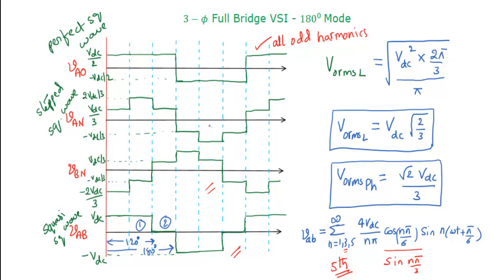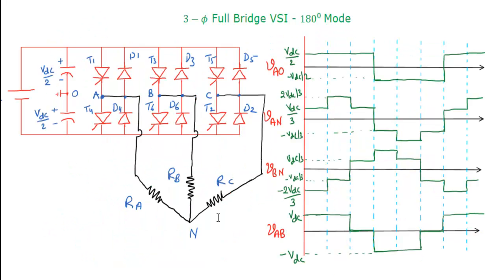So moving on, coming to the final conclusion of the 180 degree mode: we turn on all these thyristors for 180 degrees, complete conduction of each thyristor, and we get waveforms like this.